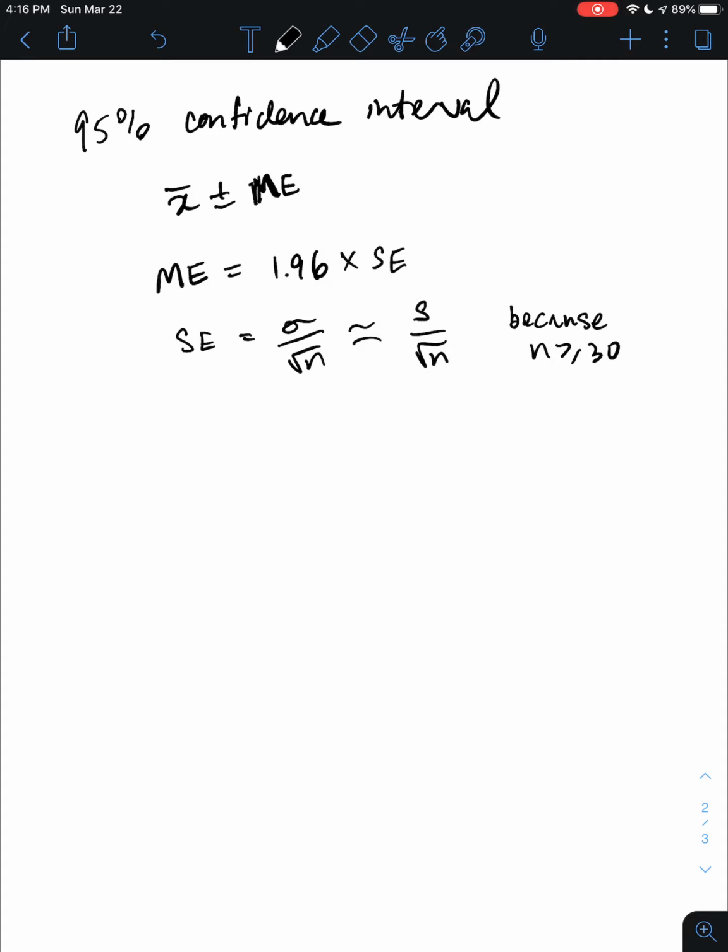A scientist interested in monitoring chemical contaminants in food and thereby the accumulation of contaminants in human diets selected a random sample of n equals 50 male adults. It was found that the average daily intake of dairy products was x bar equals 756 grams per day with a standard deviation of s equals 35 grams per day. Use this sample information to construct a 95% confidence interval for the mean daily intake of dairy products for men.